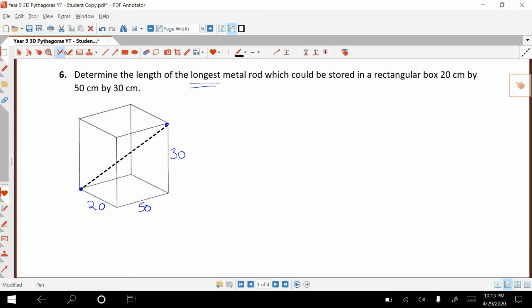And let's just call the length of that diagonal D. And we can find it using method 2 of example 1. So D will be equal to the square root of 20 squared plus 50 squared plus 30 squared. And if you plug that in the calculator, that will be 61.6.